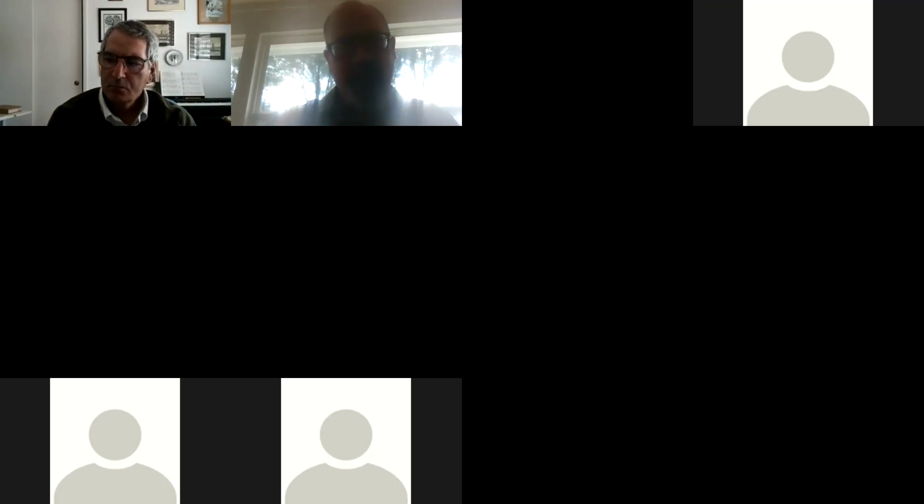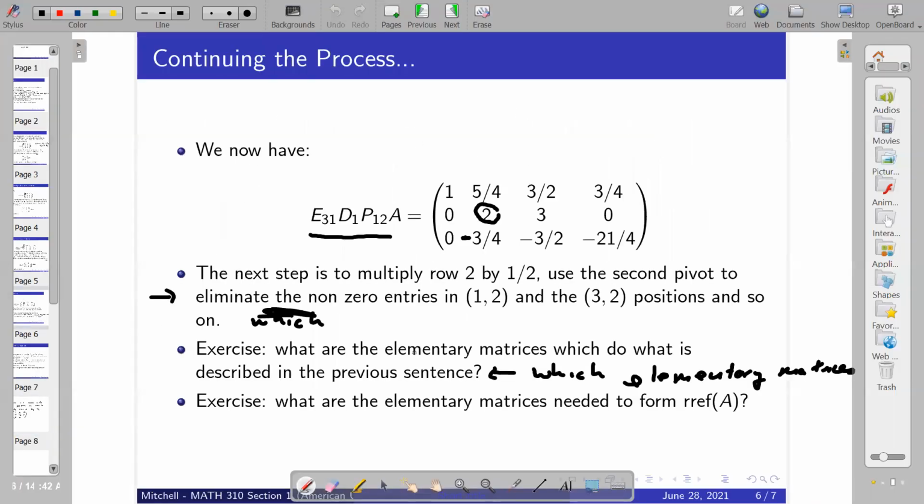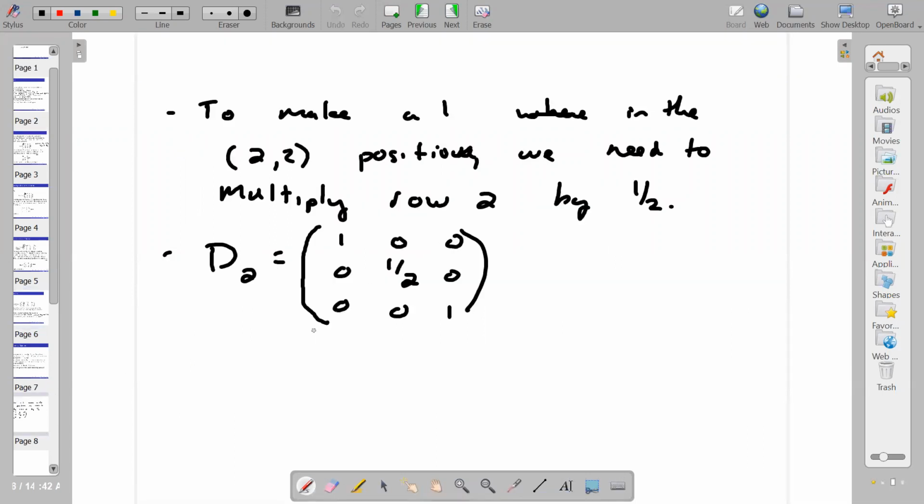Okay. So when you're thinking about this exercise, you're trying to write down elementary matrices which represent the row operations described in this sentence. In the sentence, 3 different row operations are described. One row operation involves multiplying the entire second row by 1/2. And I think people will agree that the matrix which represents that particular row operation looks like this guy right here.